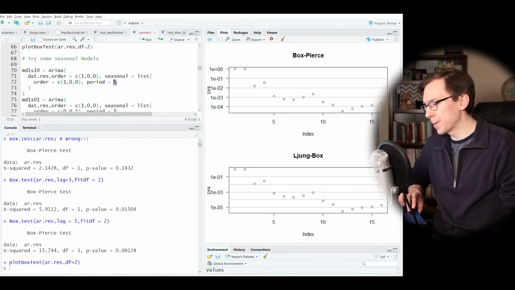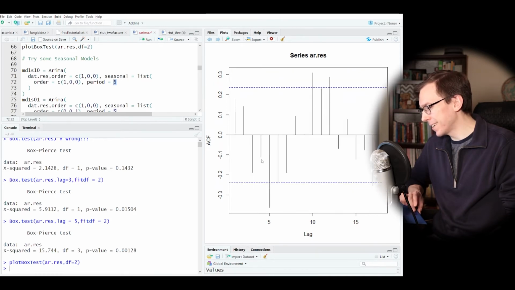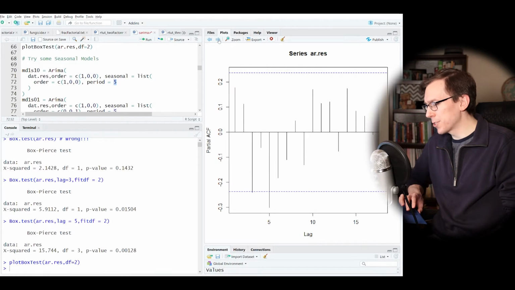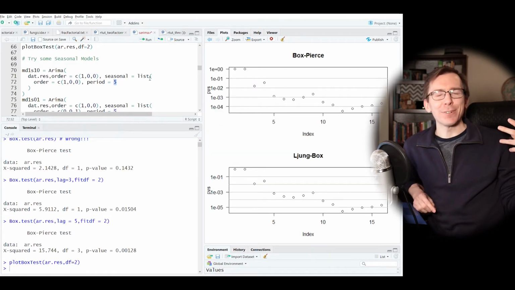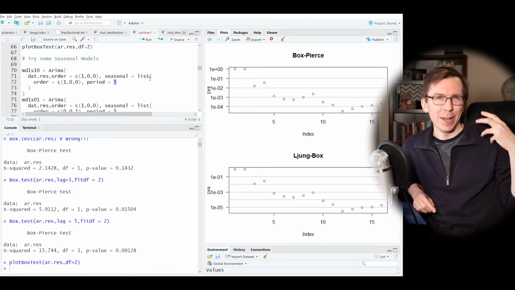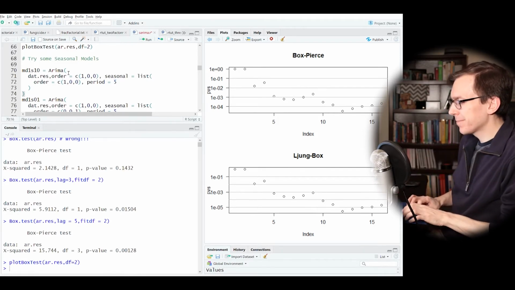In this case, I chose a period of 5 because 5 was the biggest spike in my ACF and PACF plots. Granted, there are spikes that go above on this other side, but I thought, why don't we just try 5? Even though intuitively I really want it to be 12 because of 12 months of the year, let's go with what the data says.